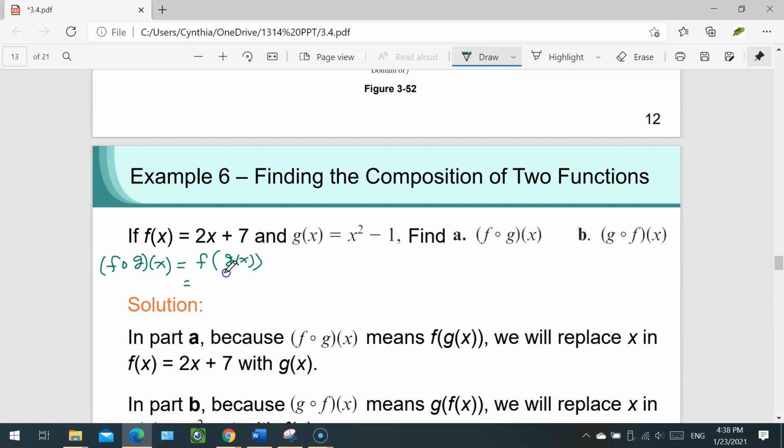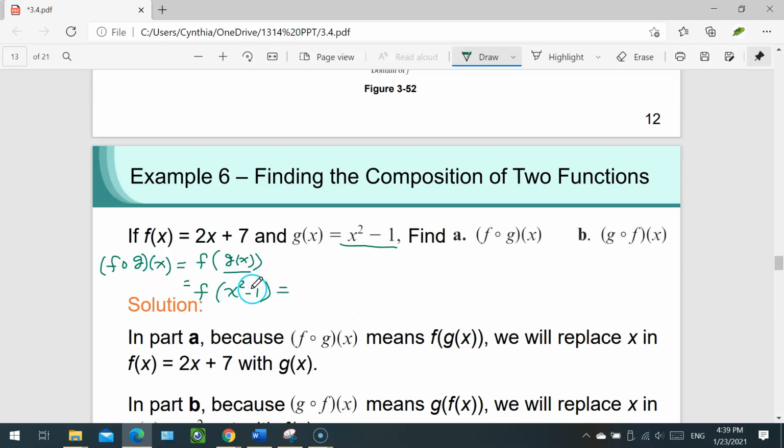Now, we always start from the inner function, the inside function. So the inside function, we have g of x. G of x is x squared minus 1. So I'm going to replace the g of x with x squared minus 1, close it. Your outside still carries the f function.